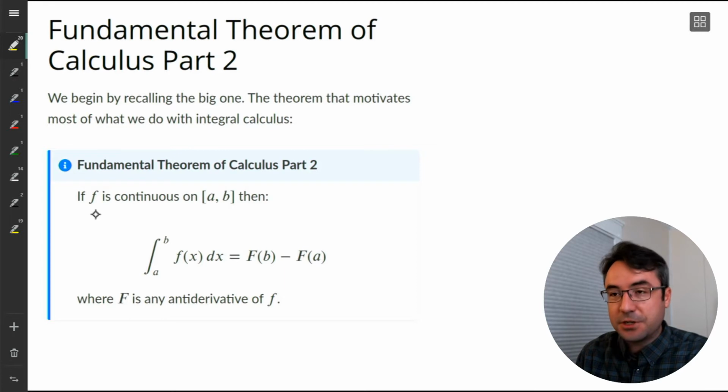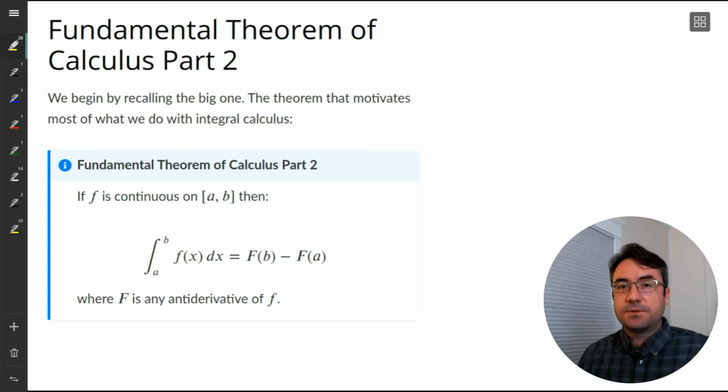It says, if a function f is continuous on the closed interval from a to b, then the definite integral of f of x over that interval from a to b is equal to, and we find an antiderivative capital F, and it can be any antiderivative. And then we plug the upper limit in, we plug the lower limit in, and we subtract.